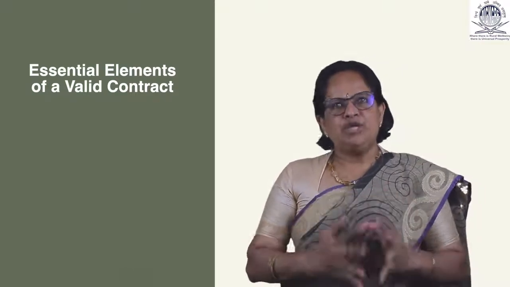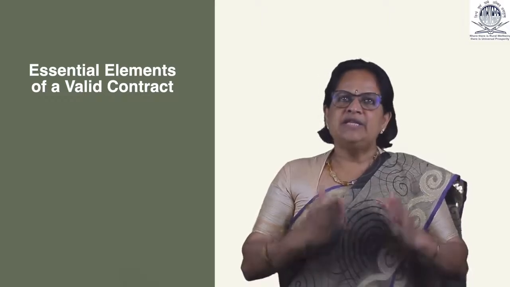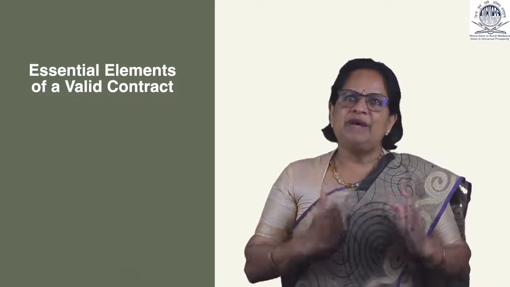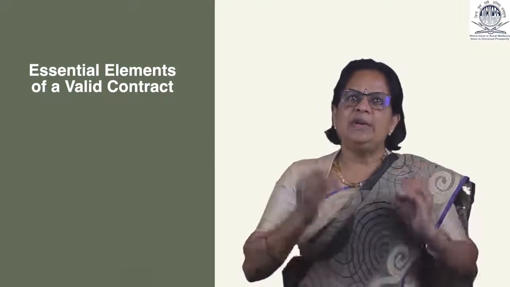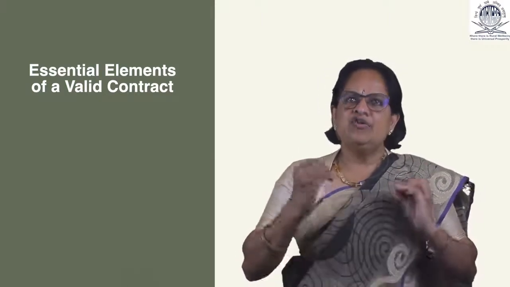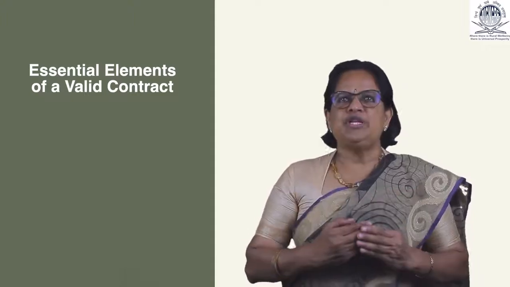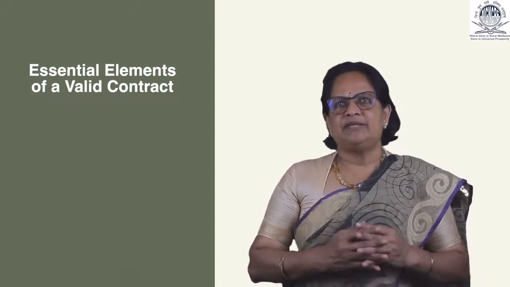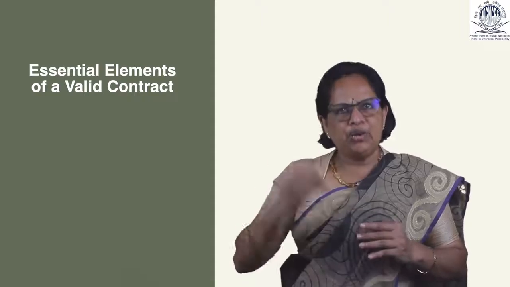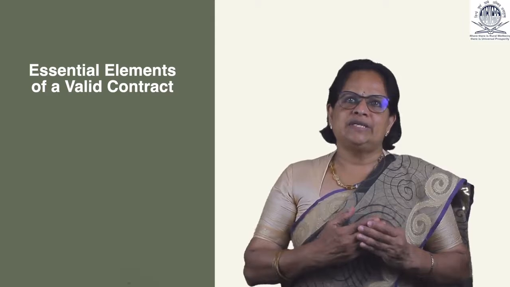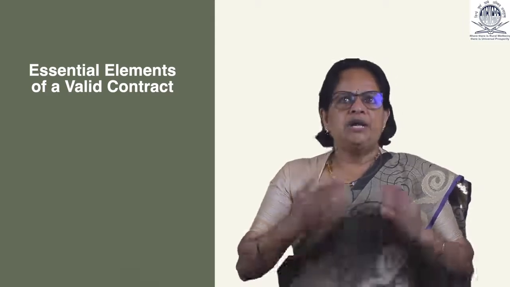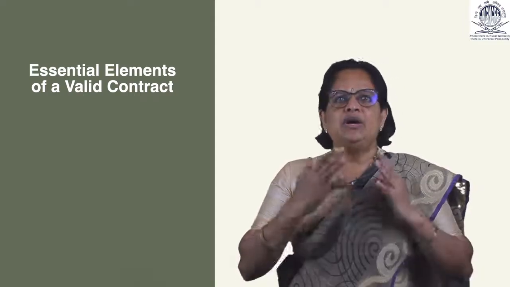Can you take 5 minutes of your time and write the 10 conditions to make a valid contract? You have some idea about the essential conditions from the explanation we have already completed. I assume that you will get some points correct. Now let me tell you the 10 essential conditions.